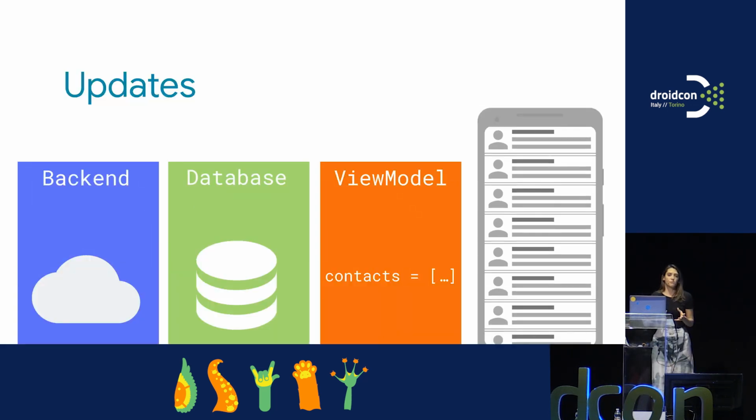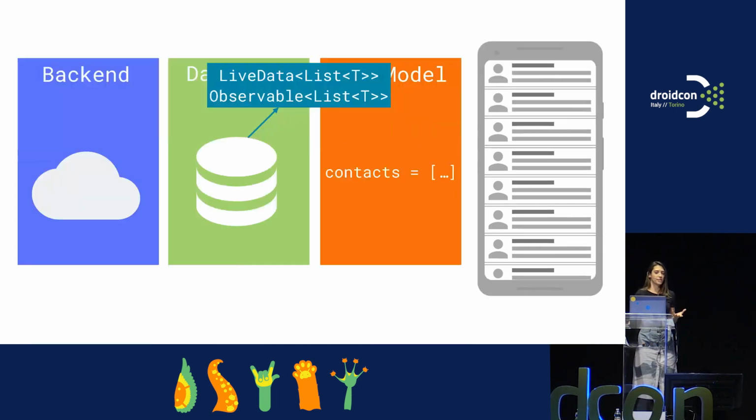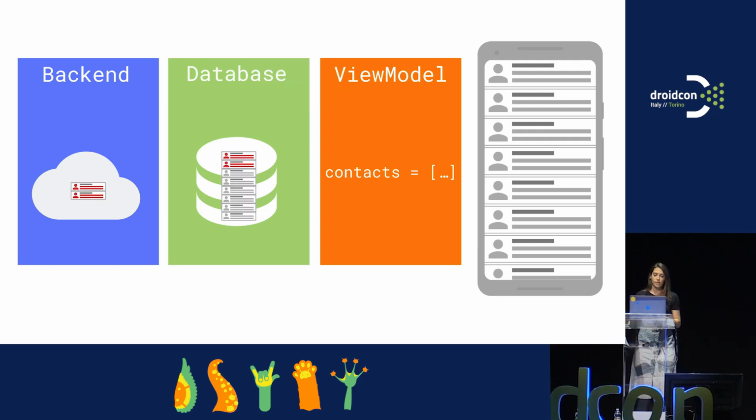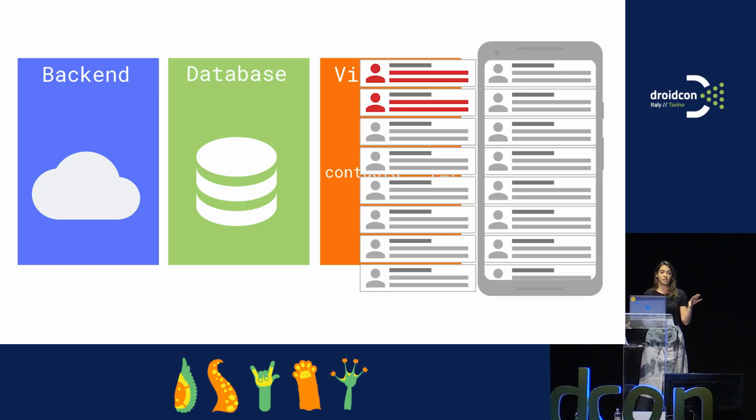But what's important to remember is that we want to show updates to the list. We want the list that is displayed on the screen to actually be the latest one that we have stored. So this means that from our database, we would expose something like a LiveData or an observable, depending on what you're using, LiveData or RxJava. So what would be the flow for us? From the backend, we get some new items.